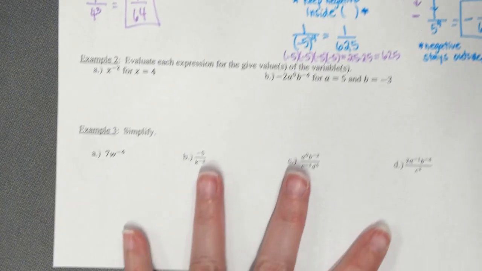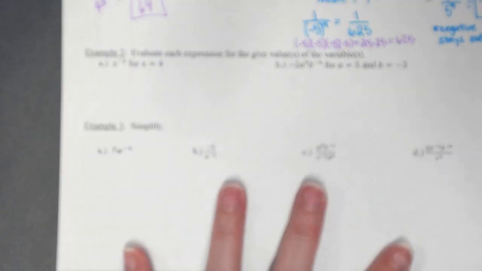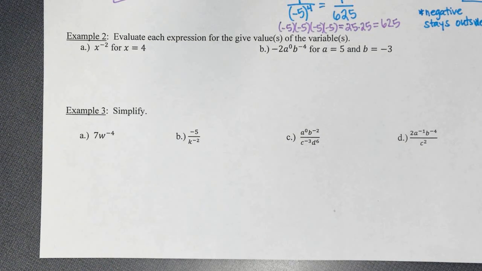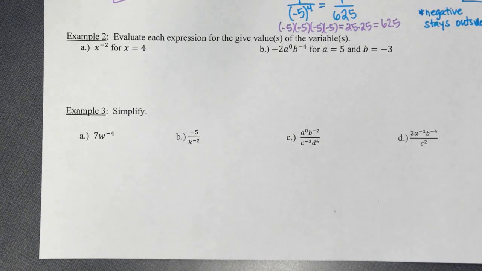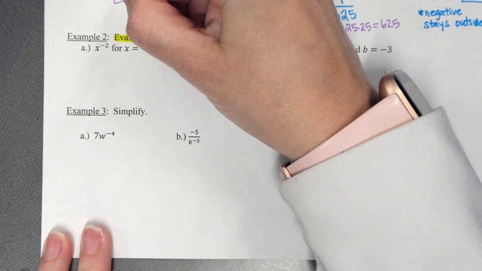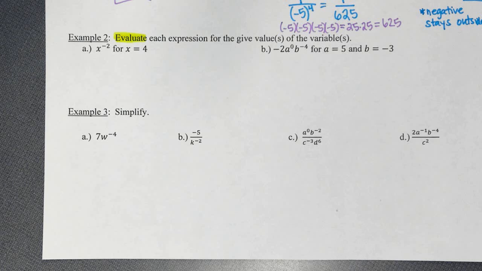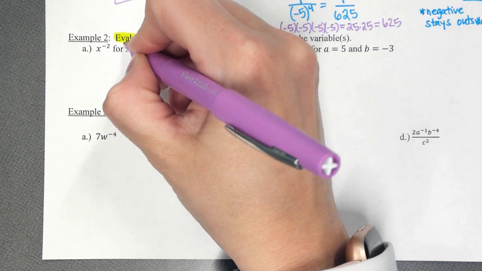And then the next thing we're going to do is, again, something that we did at the beginning of the year. Okay. So when you're evaluating an expression, what that means is that you're going to be plugging in values. So A says x to the negative 2 for x equals 4.